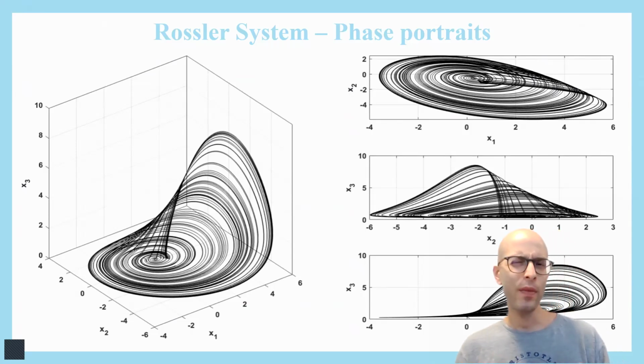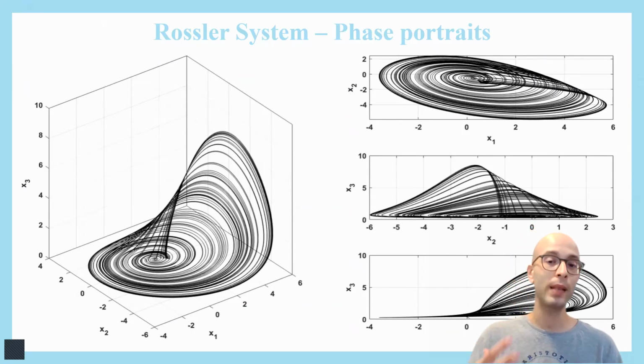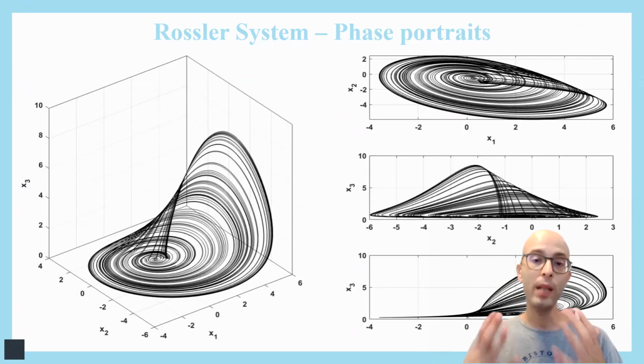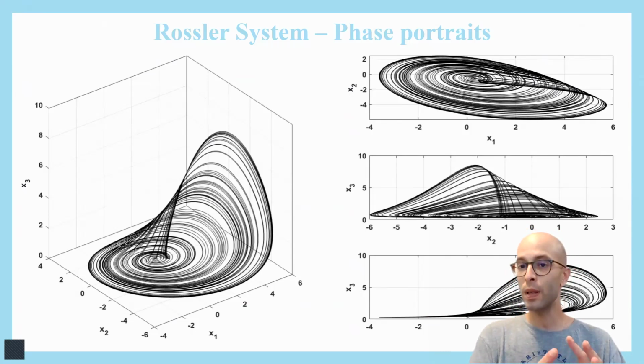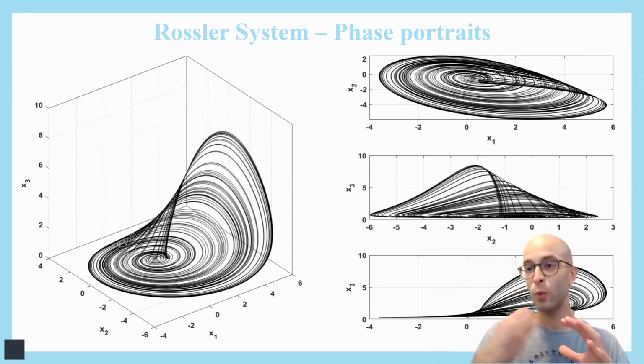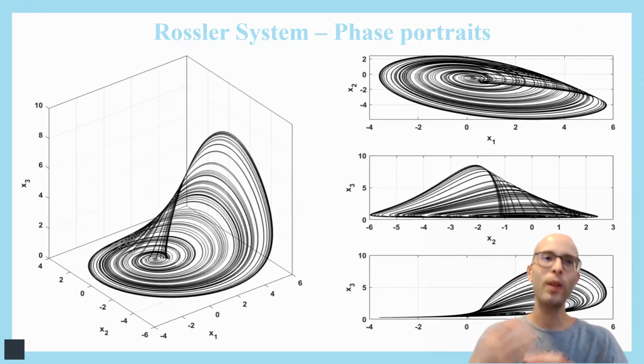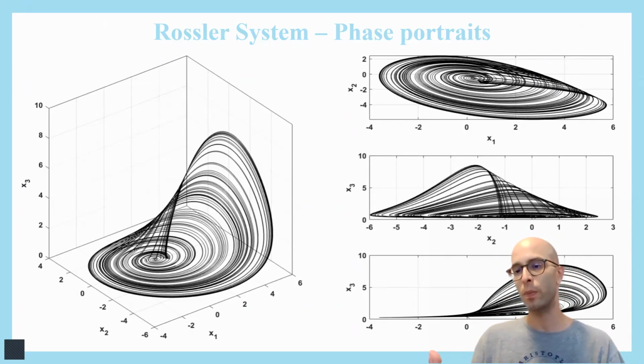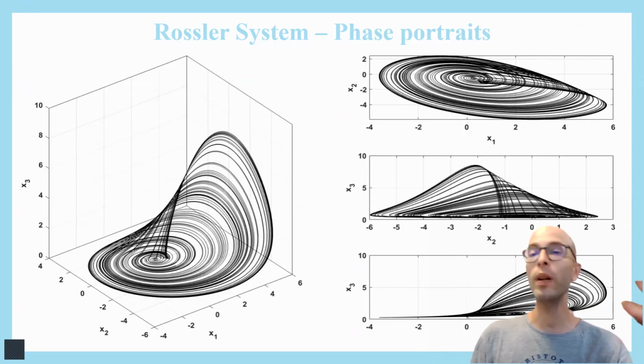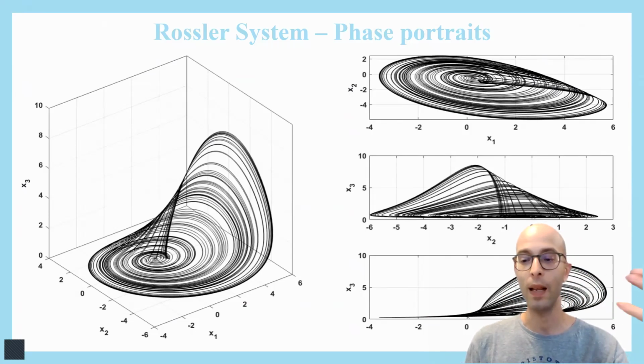Specifically, we also call it a strange attractor of the system. So if you ever hear the term strange attractor, it means the solution of the system plotted with respect to the individual states instead of with respect to time. So this is the attractor for the Rossler system, and it is chaotic, and we see this non-repeating pattern appearing.